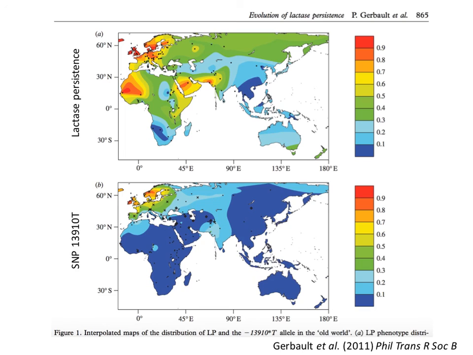The fact that people in West Africa don't have the T in it. Sure, there's a really high percentage of people that live in West Africa that are lactose tolerant, but they absolutely don't have this one mutation. So what does that tell us about lactose tolerance? That there's another gene involved. Yeah, it means that there are other ways to become lactose tolerant into adulthood other than this one mutation at minus 13,910.